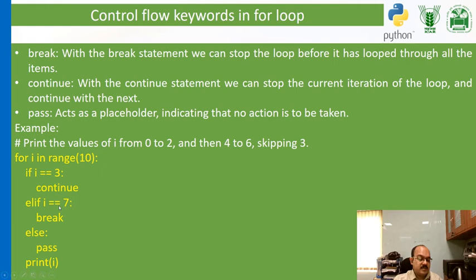Else if i is 7, then break. That means when the value of i reaches 7, it will get out of the loop. Okay, and so we will get the values of i firstly from 0 to 2 and then 4 to 6.